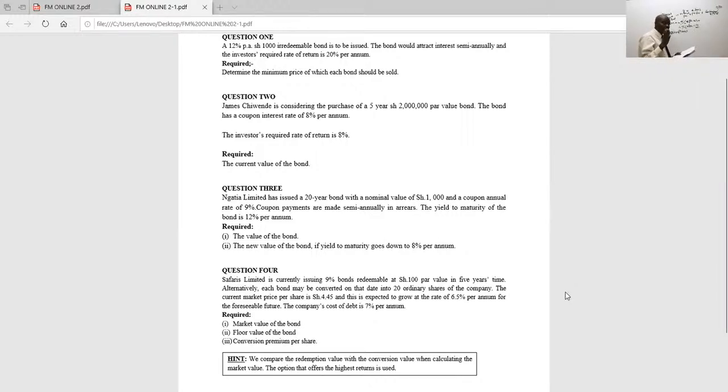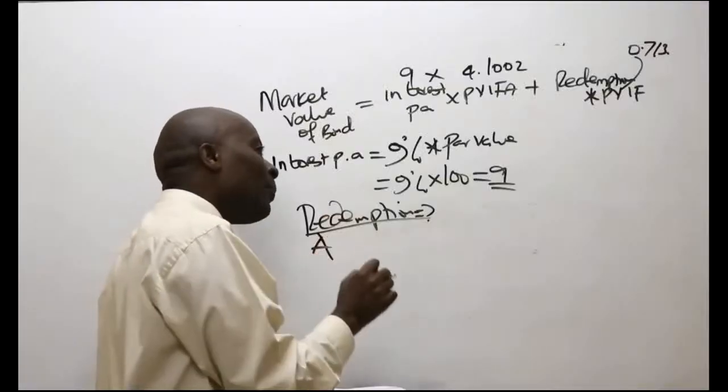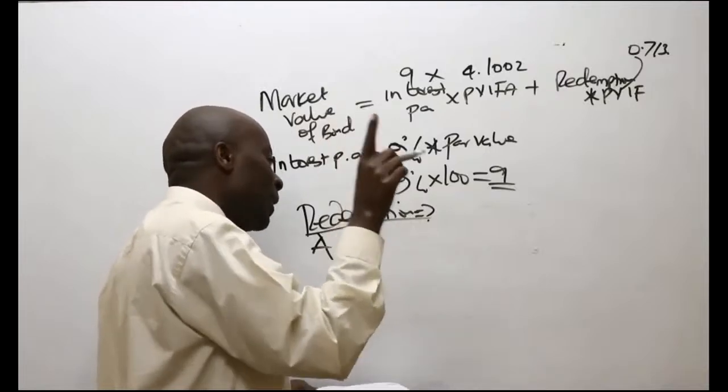So I need to know the market price per share. The current market price per share is 4.45, and this is expected to grow at the rate of 6.5% per annum for the foreseeable future. Remember there, I have to get the market price per share at the date of redemption.